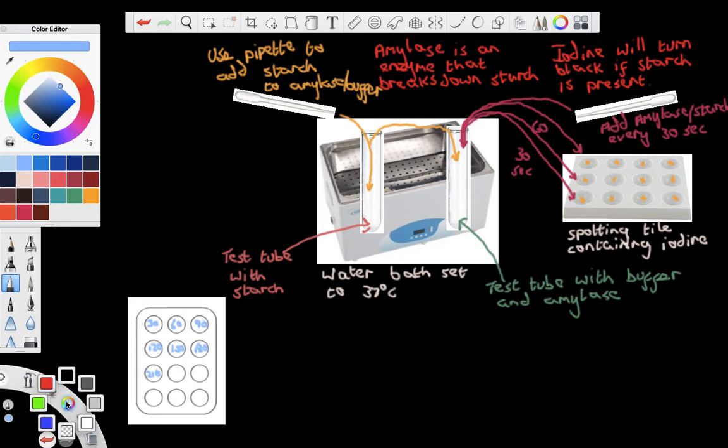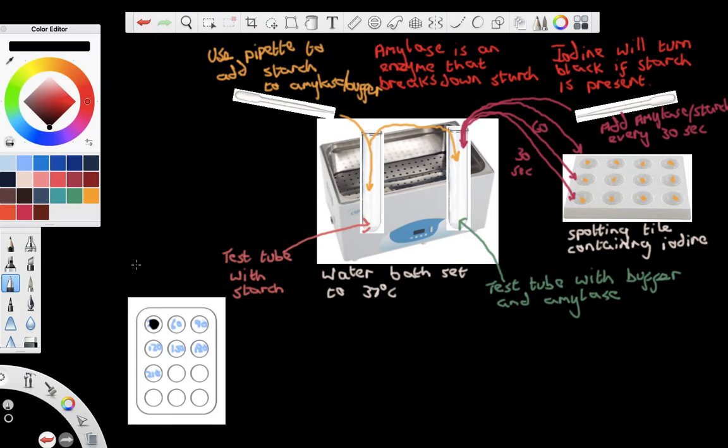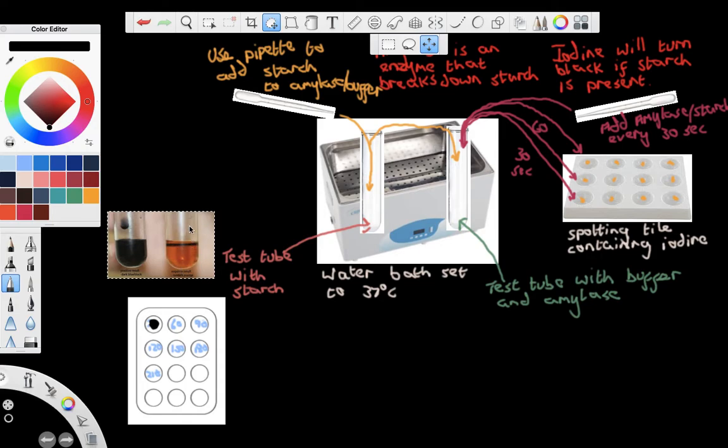When I add my first drop to this 30-second tile, it will go black. And what that means is that starch is still present. Okay? So if it goes black, starch is present. If it remains orange, it is not. So black, starch is present. Whereas at orange, starch is not present.